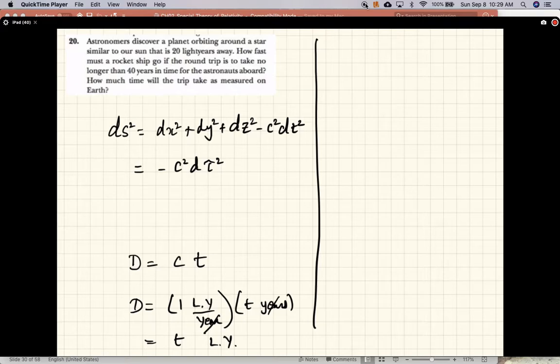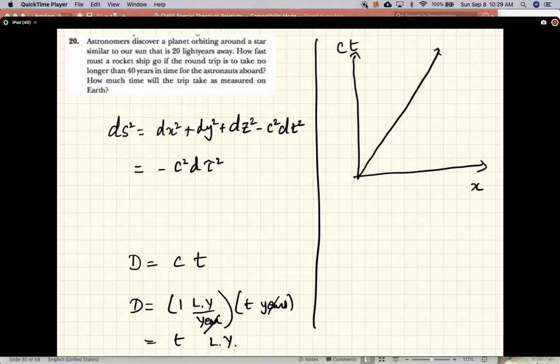Also, if you wanted to calculate the proper time, here's a space-time diagram, ct. You saw that a light signal travels along this path.